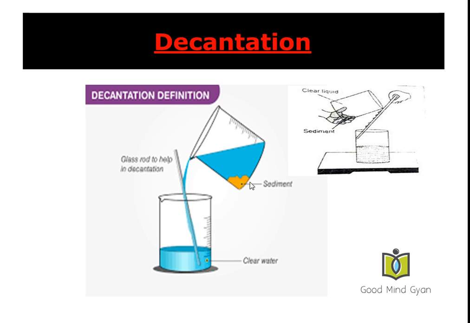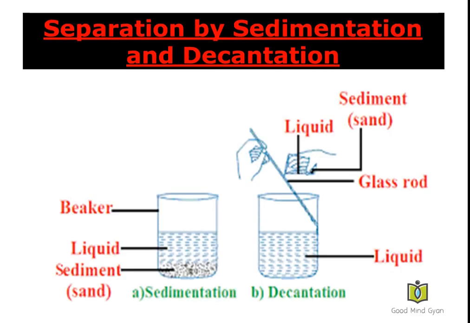So the process in which a suspension of insoluble fine particles suspended in a liquid are allowed to stand undisturbed such that the solid particles settle down, leaving the clear liquid above, is called sedimentation. The next, you can see here a diagram of separation by sedimentation and decantation.